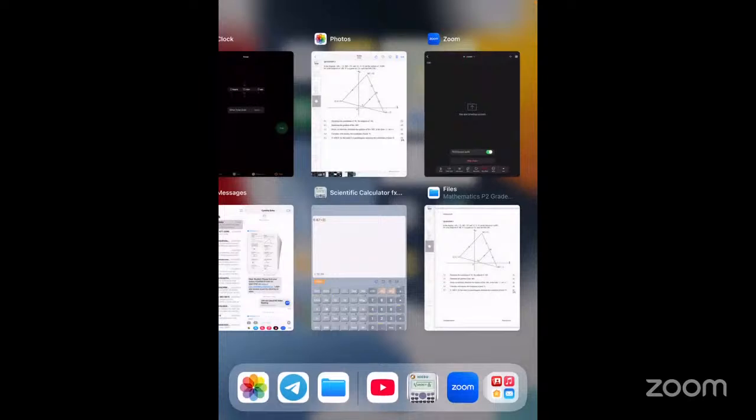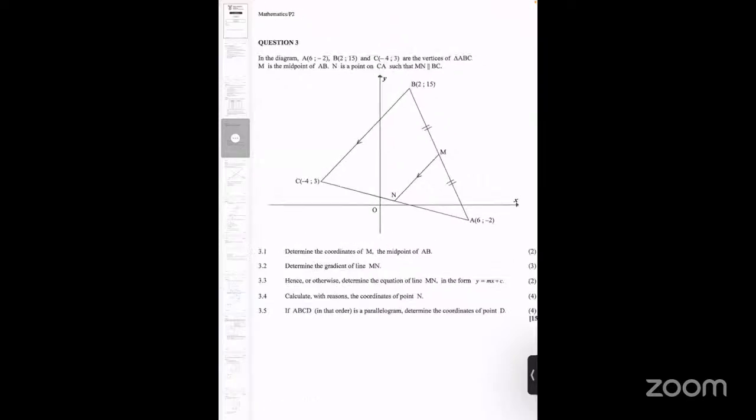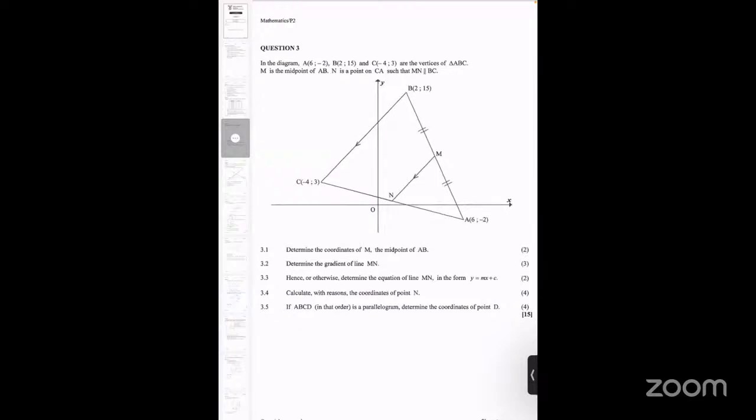So the reason why we start with a revision is so that when we get to some more complicated problems, at least you guys will have an idea of the topic that we are going to be looking at.